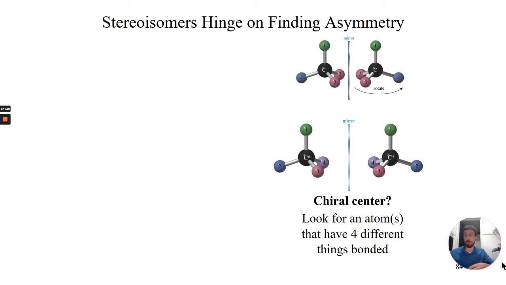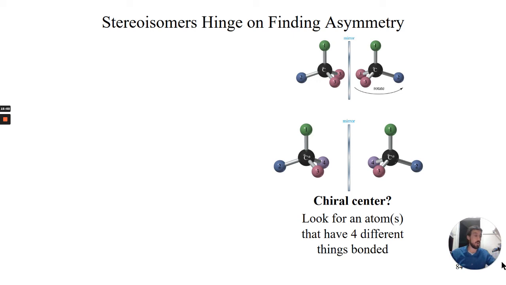So it is that superimposability that makes it achiral. If it is non-superimposable, that's when we encounter the chiral thing. Where do we typically see that chiral atom show up? Well, wherever we have a carbon, or really an atom with 4 distinct groups connected to it. And that's what this drawing is trying to show, 1, 2, 3, 4.